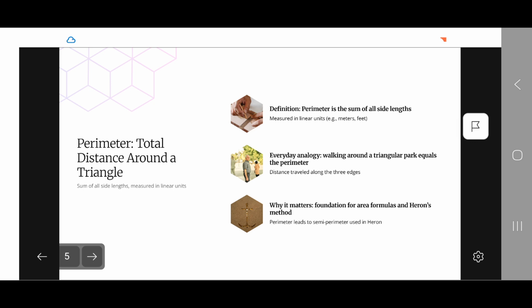So everyday analogy: walking around a triangular park equals the perimeter. So the distance traveled along the three edges. So why does it matter? Foundation for the area formulas and Heron's method. So the perimeter leads to the semi-perimeter used in Heron.